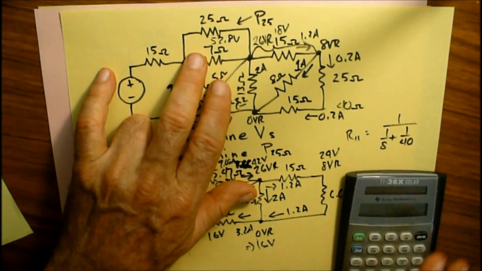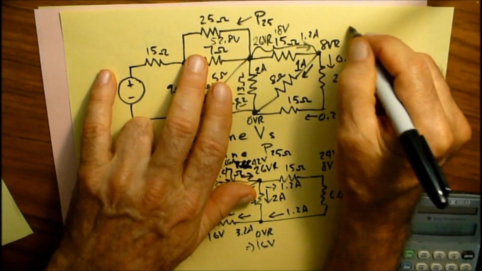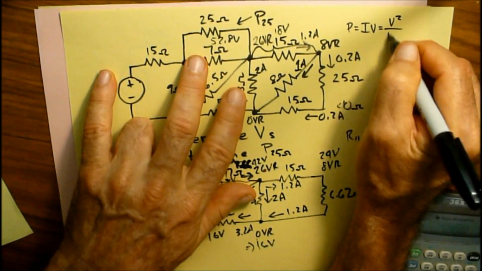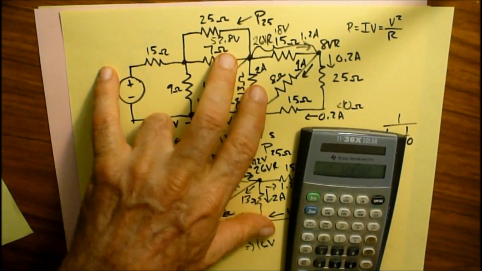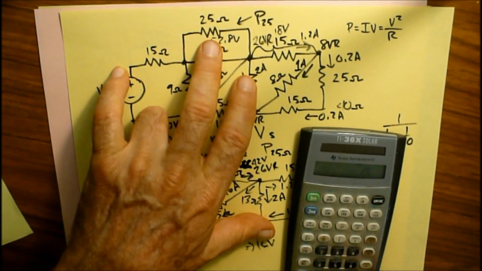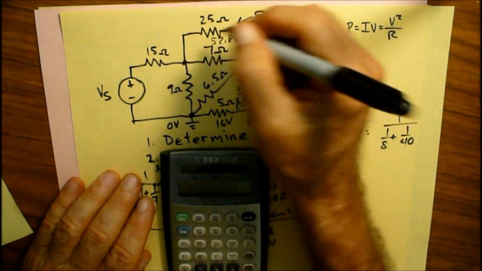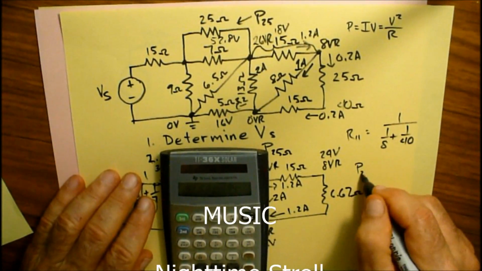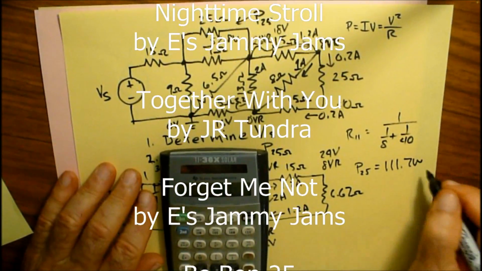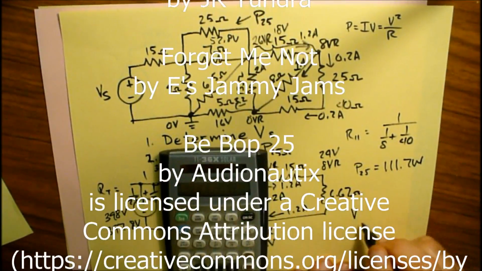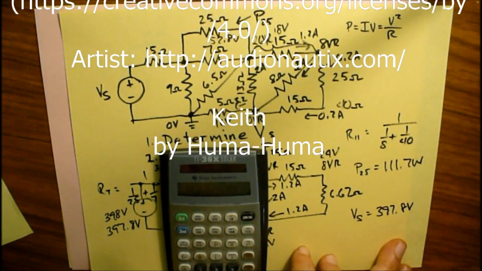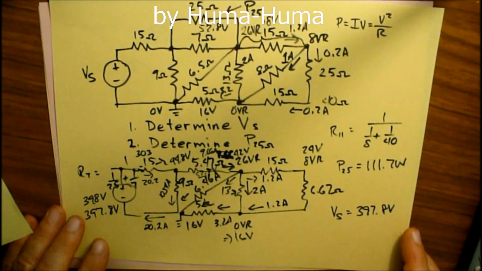Okay, and then we know the P equals IV, which is equal to also V squared over R. We know V squared, so we're going to square that, divided by the resistance 25, says that P25 is equal to 111.7 watts, and we determined that Vs is equal to 397.8 volts. That solves this problem.